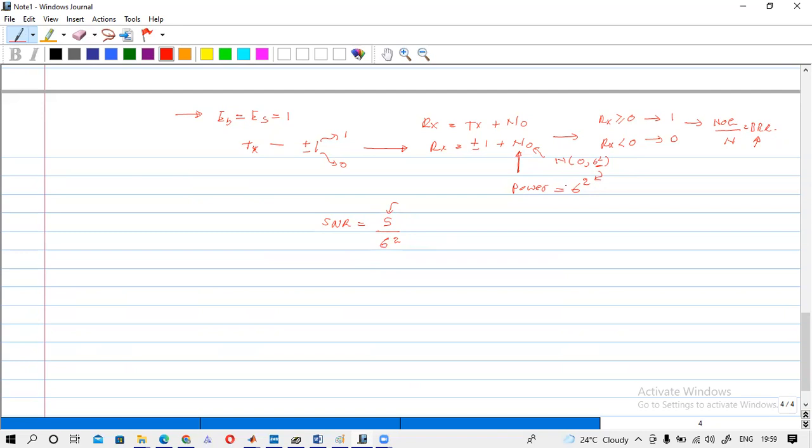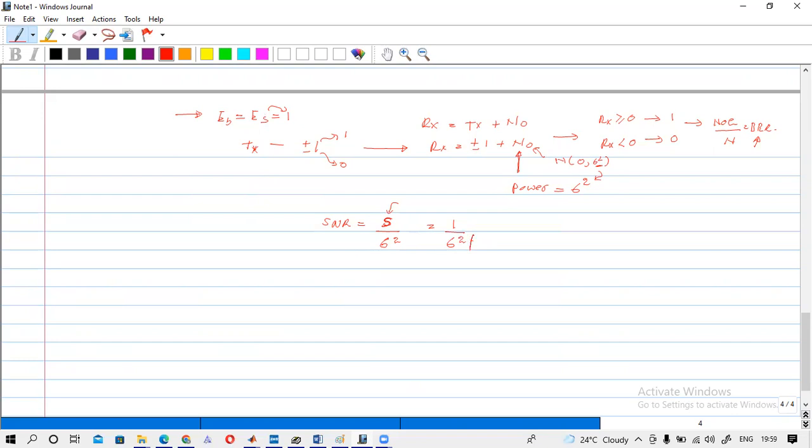Our transmitted signal energy we set to 1, so we can assume the transmitted signal power is 1, S equal to 1. So SNR will be 1 by sigma square.